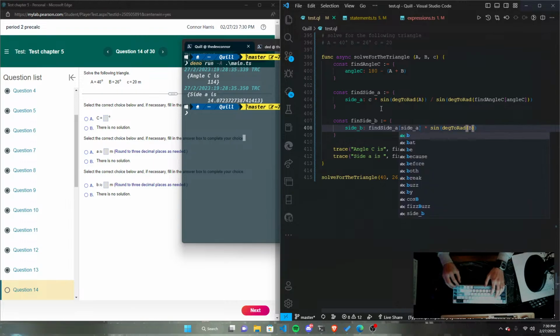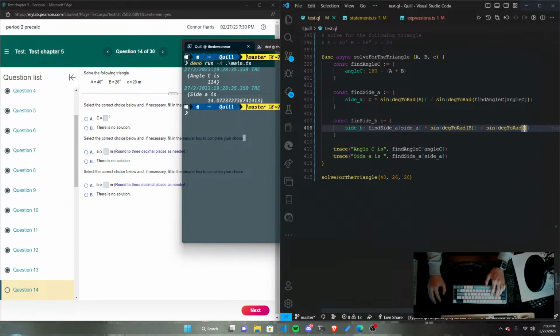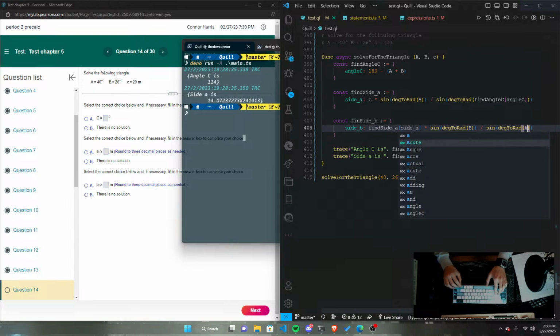which B is a given, and then we need to divide that by the sine of degree to radians of A, which A is a given.